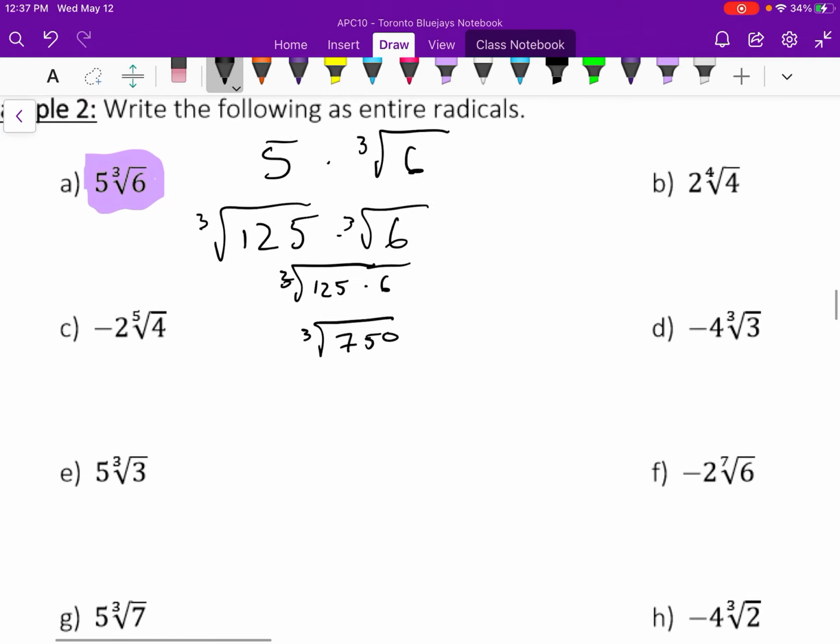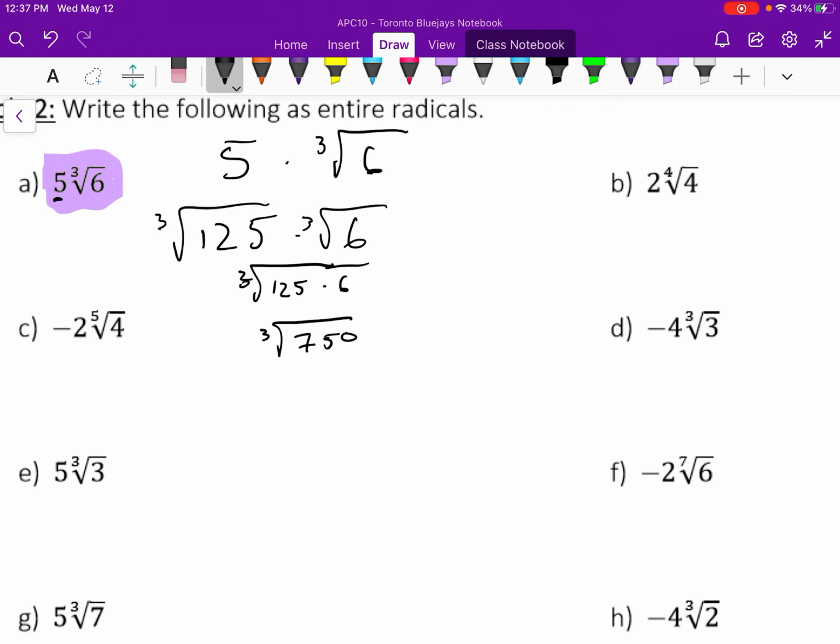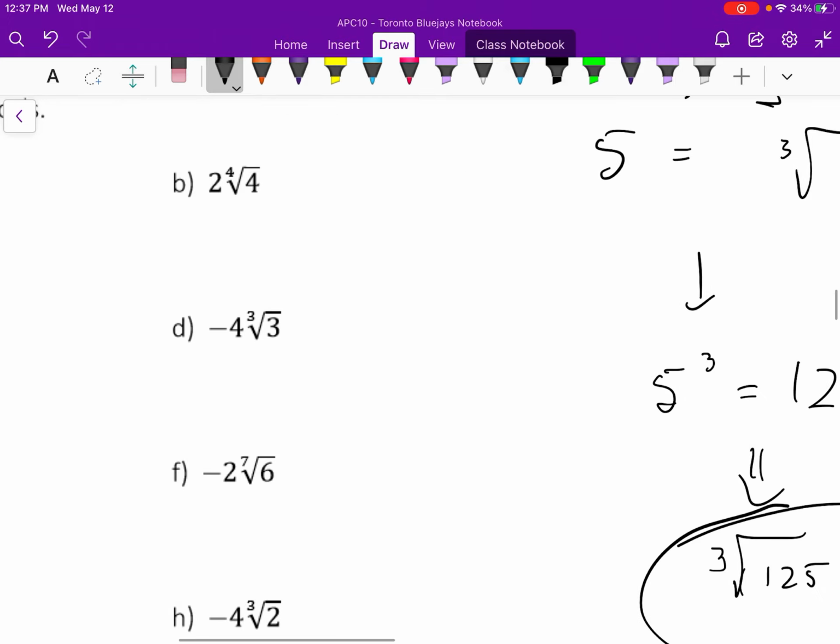So what is the trick? The trick is to simply write 5 as an expression that matches the index of your root.